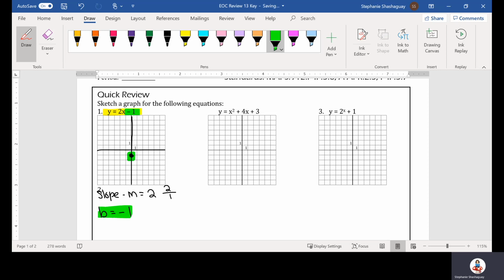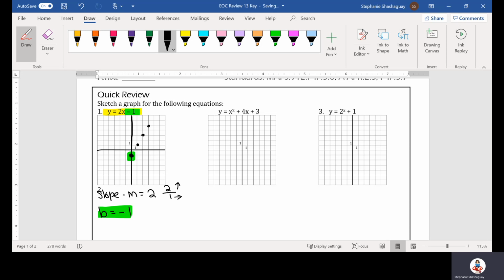My b term is negative 1. From there, I'm going to do my slope. So my slope is going to be 2 over 1, meaning I'm going to go up 2 and to the right 1. Up 2 and over 1, up 2 and over 1.